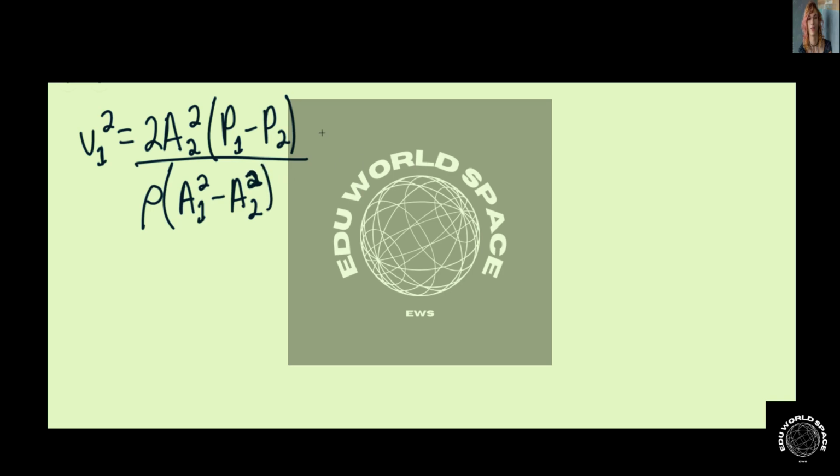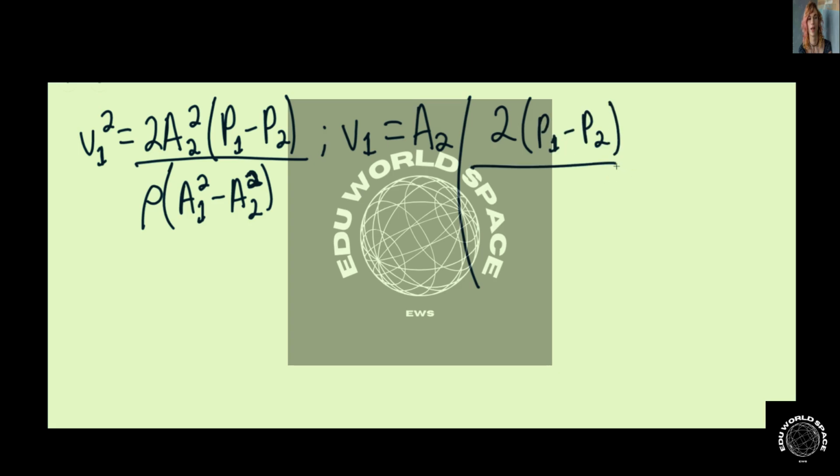And then we can say that V sub 1 then equals A sub 2 times 2 times P sub 1 minus P sub 2. This will be divided by the density rho times A sub 1 squared minus A sub 2 squared, and then the entire thing will be to the 1/2 power.